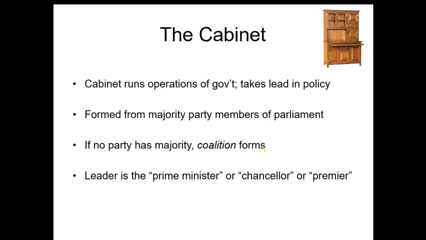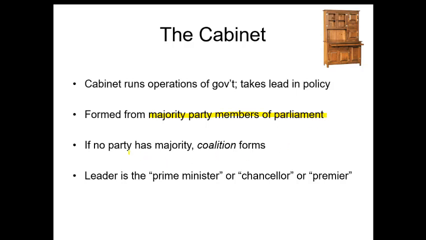Now, the cabinet runs the operations of government, and it takes the lead in the policy. So the cabinet in a parliamentary system has quite a bit more controlling power. They are running the show, so to speak. They are the administrative body of the ruling party that has won control of the parliament, formed by the majority party members of parliament.